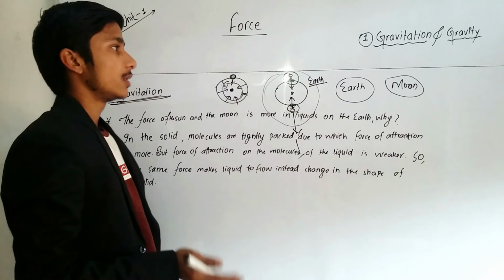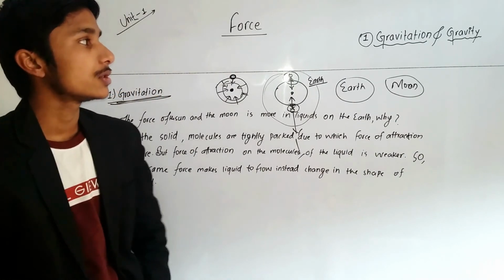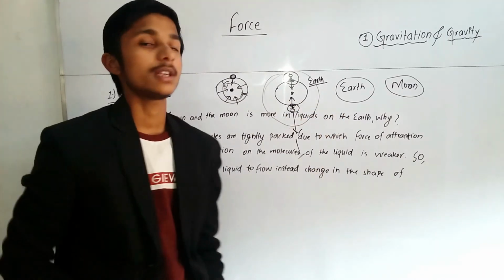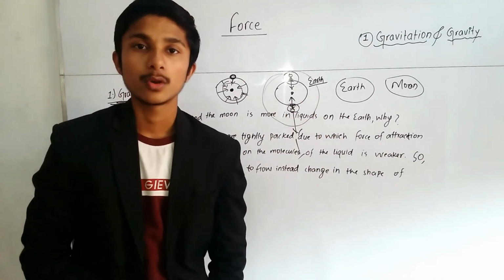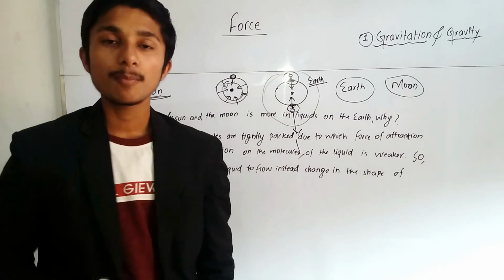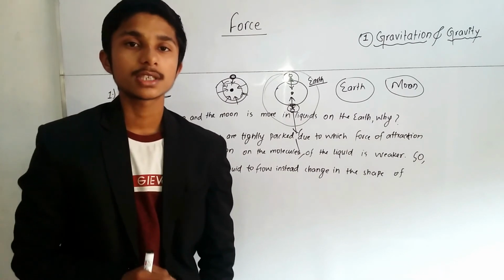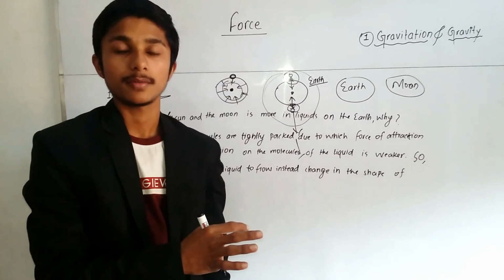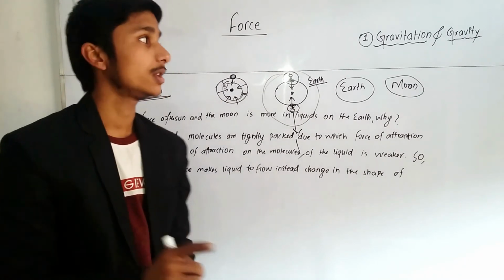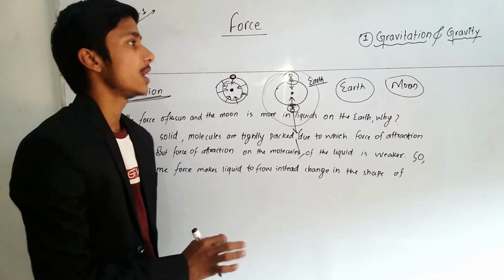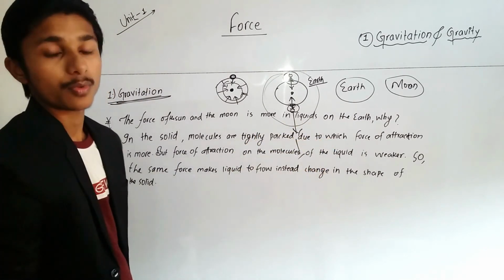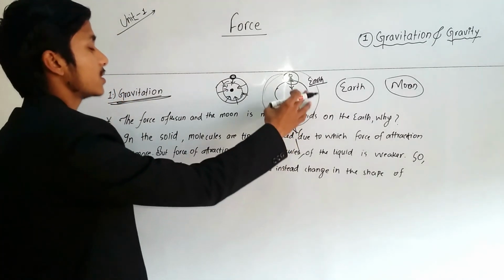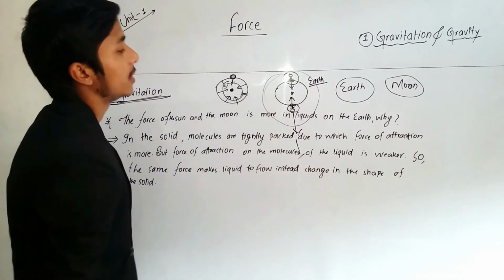Okay, so as a conclusion, today in this lecture we have discussed gravitation and gravity. And in our upcoming lecture we will discuss the effects of gravitation and gravity. Okay, one thing is left in gravity: gravity depends upon the mass and radius of the body.